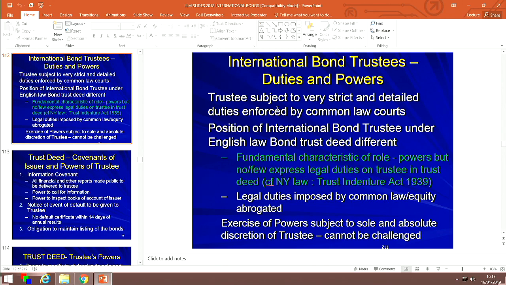In other words, the ability to challenge a trustee's exercise of powers is reduced to near zero. I say near zero because there are issues under trust law which I'll come to later. But generally speaking, they can't be challenged because they are powers which are exercisable in the sole and absolute discretion of the trustee, quote, unquote. Okay, so that's the basic.